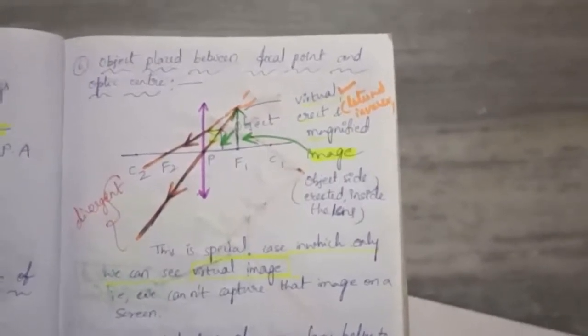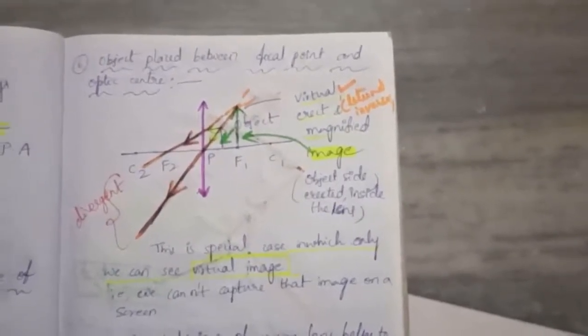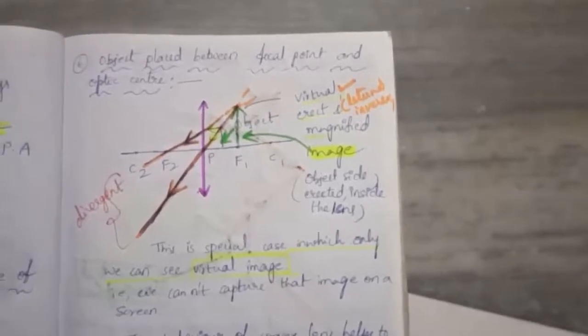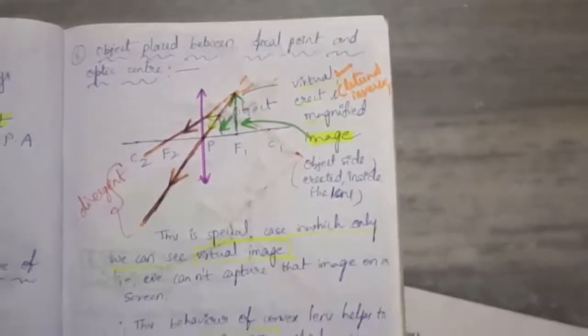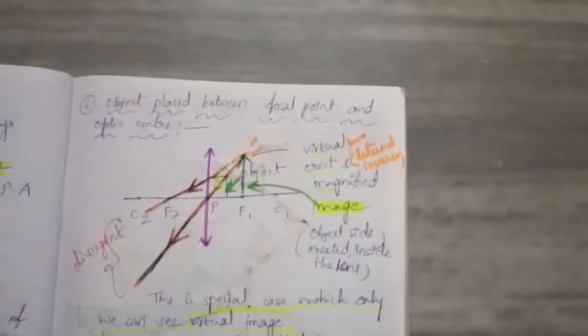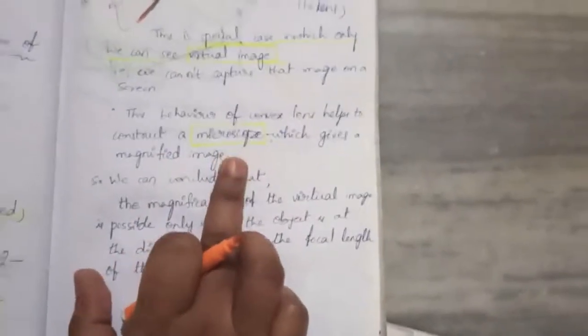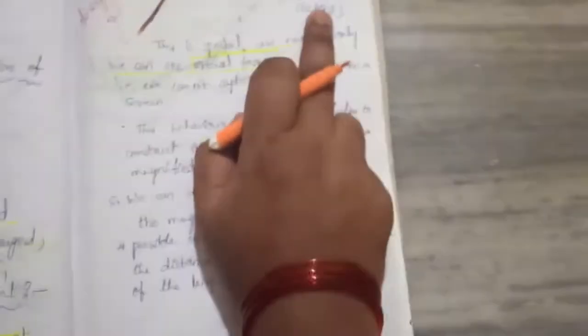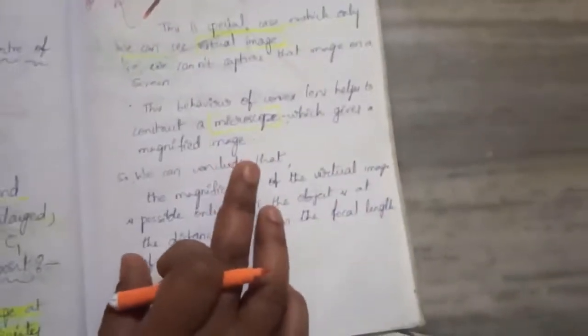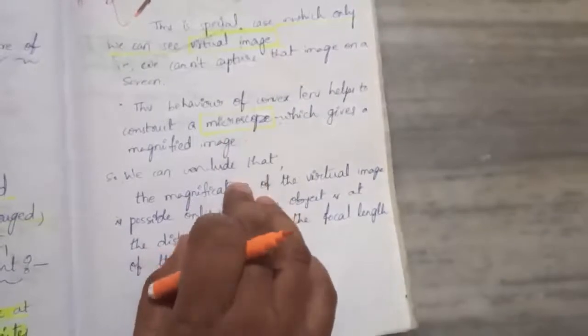In reflection, only concave mirrors give real images. So this is the special case for convex lenses. This concept is useful in microscopes for getting an enlarged, magnified image. This is the concept we are using nowadays in microscopes.